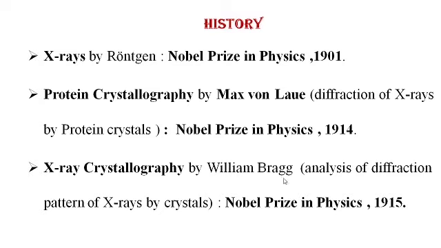Then comes the father and son duo, together called the William Braggs, with their Bragg's equation, which they constructed by analyzing the diffraction pattern of X-rays by the crystals. For this contribution towards X-ray crystallography, they also were awarded a Nobel Prize in Physics in 1915.